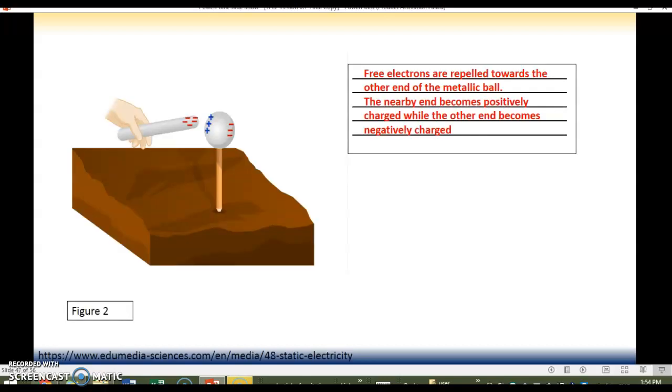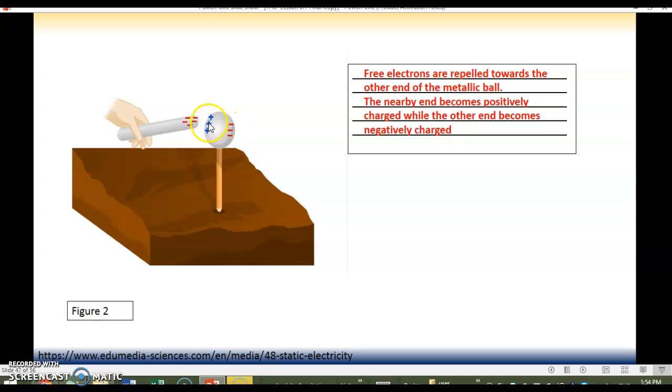The second step is that free electrons are repelled towards the other end of the metallic ball. The nearby end becomes positively charged while the other end becomes negatively charged. As you can see here, when we approach the negatively charged rod to a small distance away from the conducting sphere, the electrons, which are the mobile particles of matter, are repelled to the other end of the sphere.